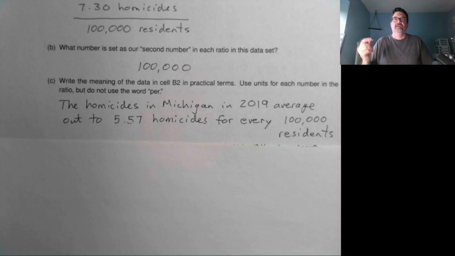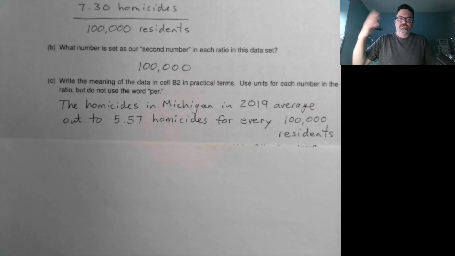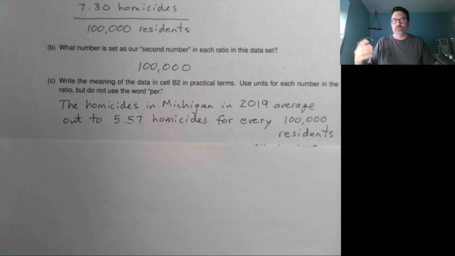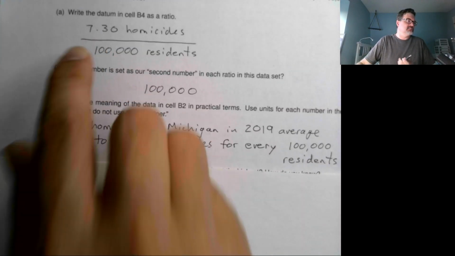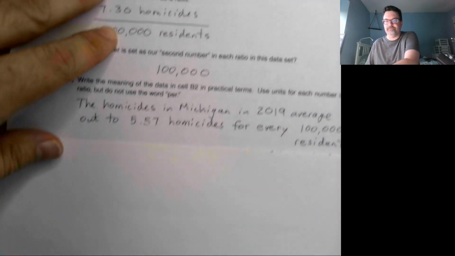Again, a percentage doesn't do a lot of good here because percentages would just be too small. If you were to ask what percentage of the people were killed in a homicide, you would get a very, very small percentage, 0.0000 something. Those numbers are just so small, it's ridiculous to work with them. So instead, we compare it to groups of 100,000, and then we get reasonable sized numbers like 7 and 5 and 6 and 4 and stuff like that.